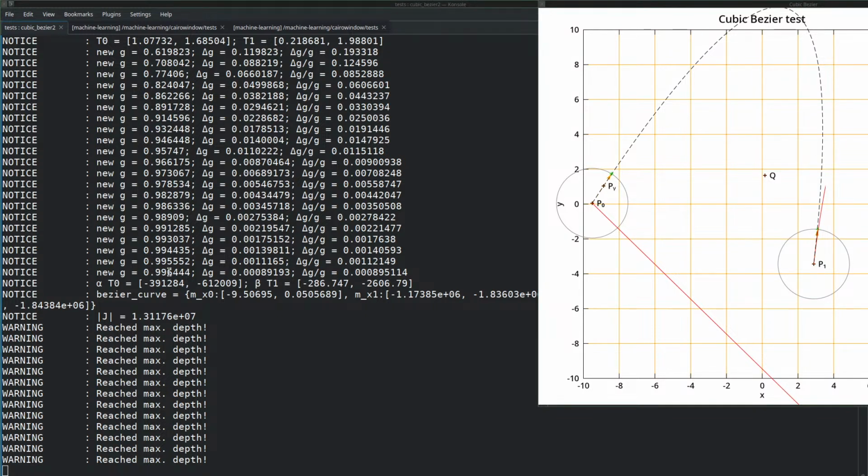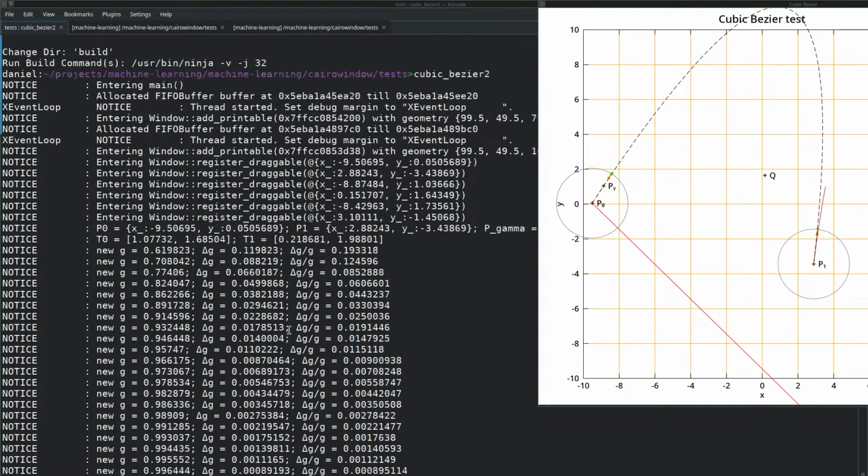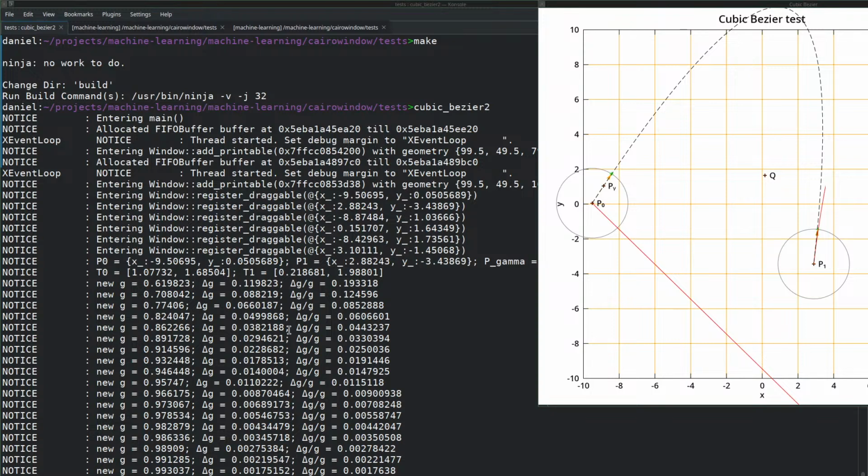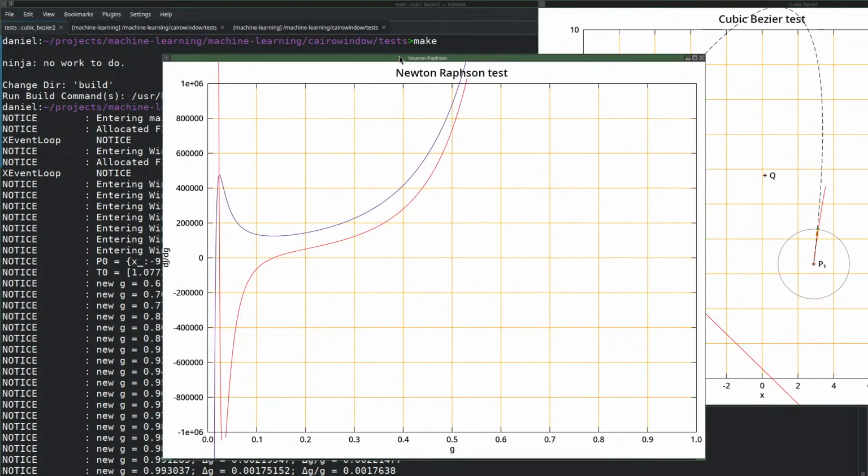No. It's in the neighborhood of 0. What the F is happening here? Well, this is bullshit.